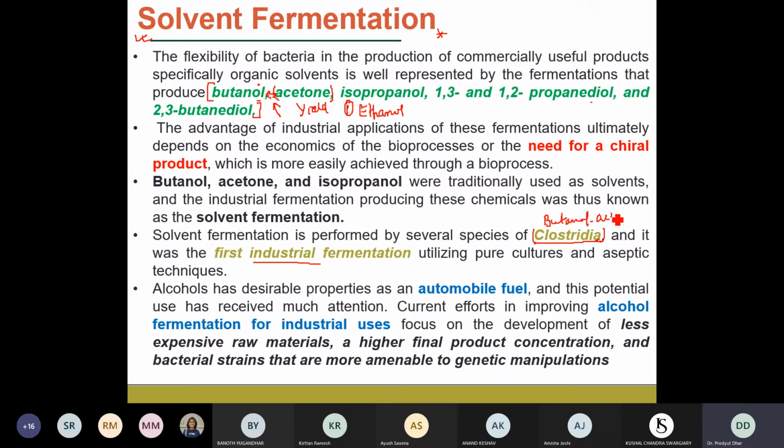It is sometimes called ABE fermentation, the acetone, butanol and ethanol fermentation process, where the production of acetone, butanol and ethanol are correlated. These alcohols and isopropanol have an application in automobile fuel, and because of this they have received much attention.